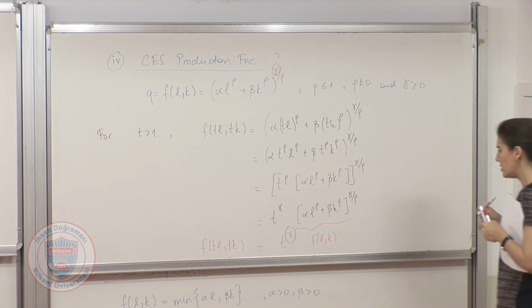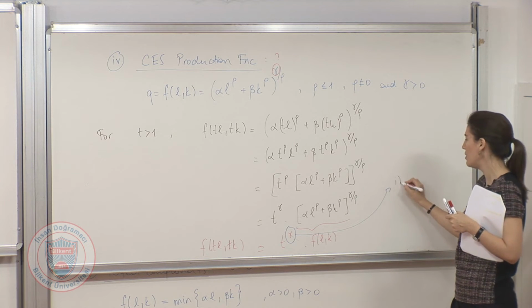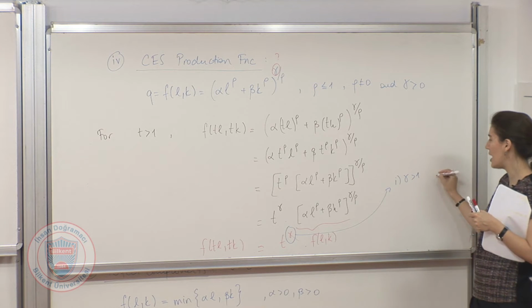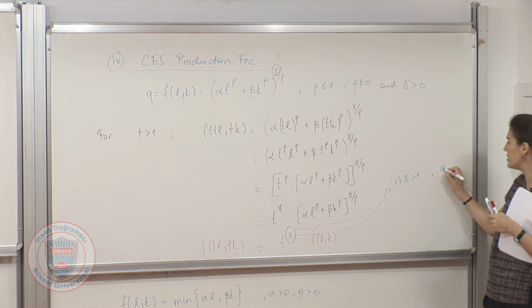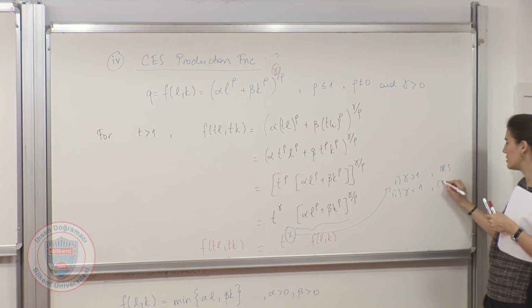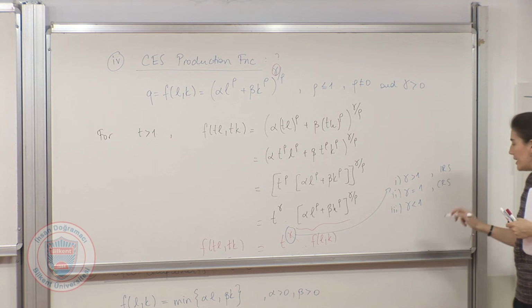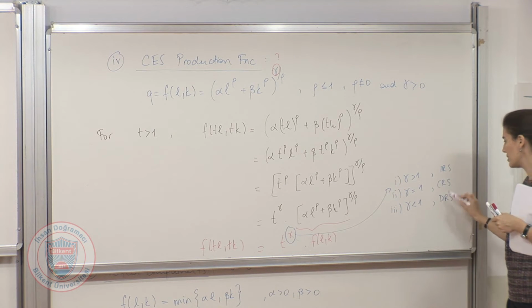So just keep this in your mind. If gamma is greater than 1, there is increasing returns to scale. If gamma is equal to 1, there is constant returns to scale. If gamma is less than 1, there is decreasing returns to scale.